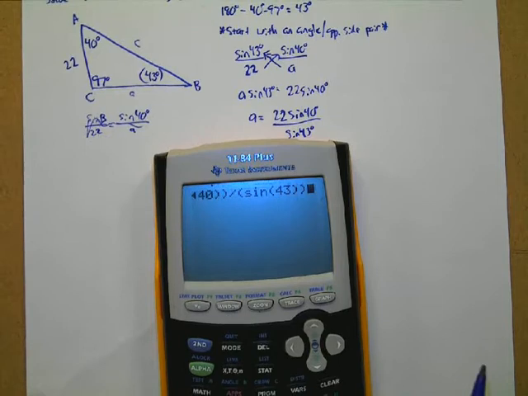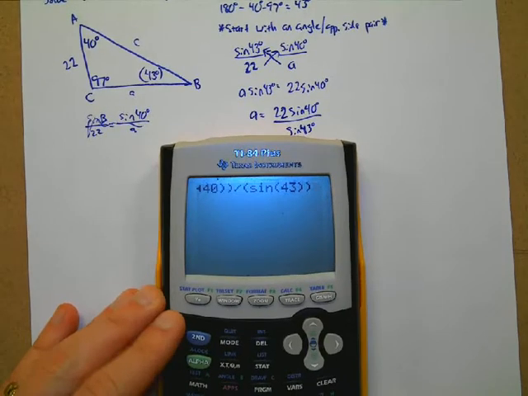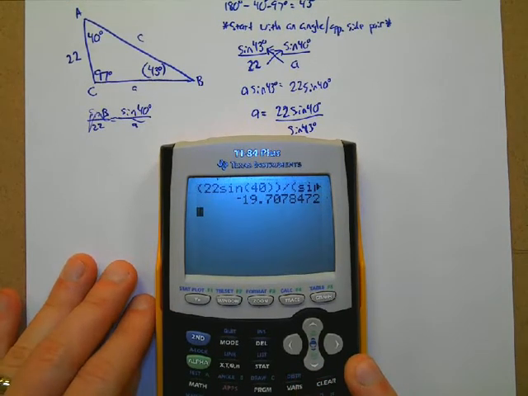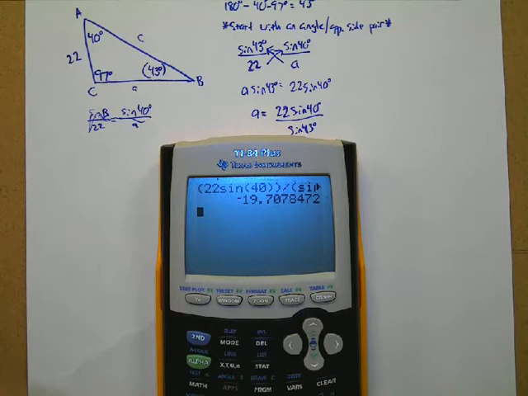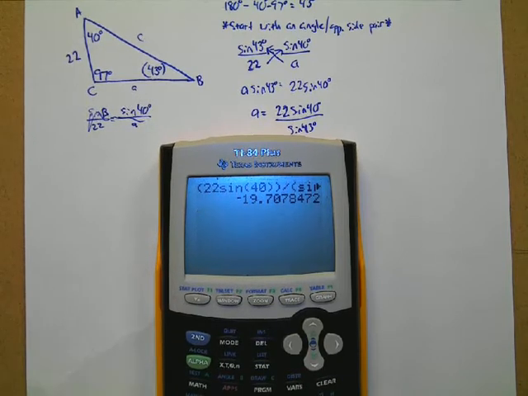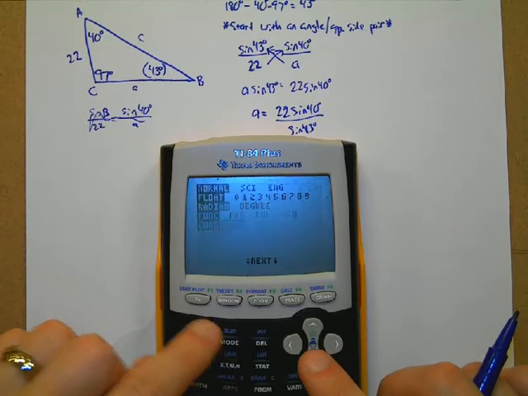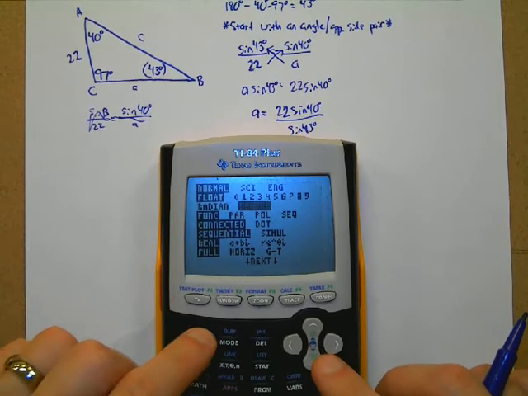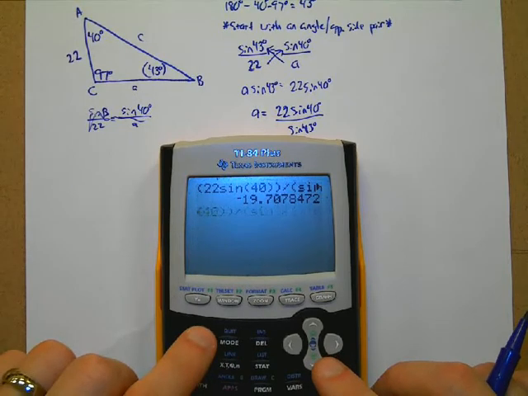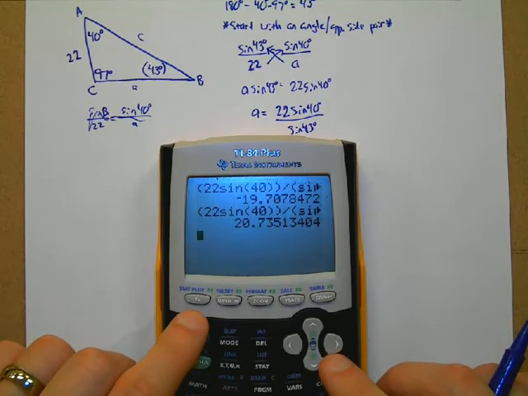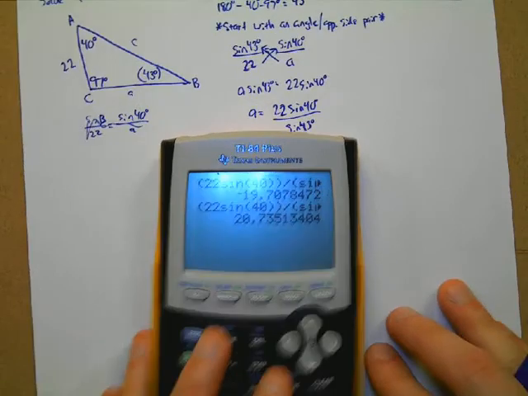Oh, right. We've got to make sure we're in the right mode. Degrees. Oh, that makes more sense. 20.735. I know I make a lot of mistakes by accident.